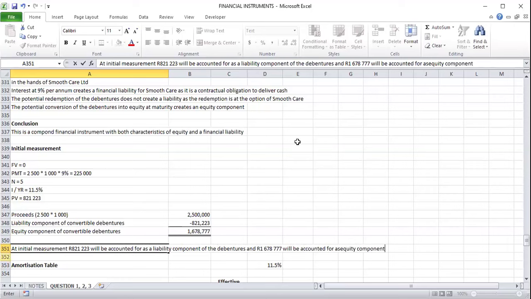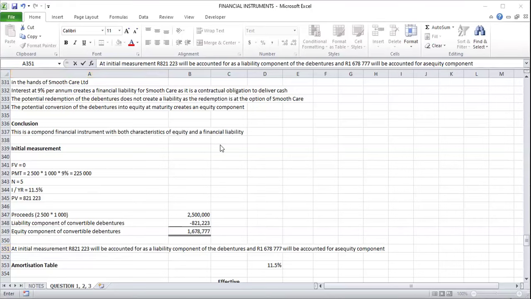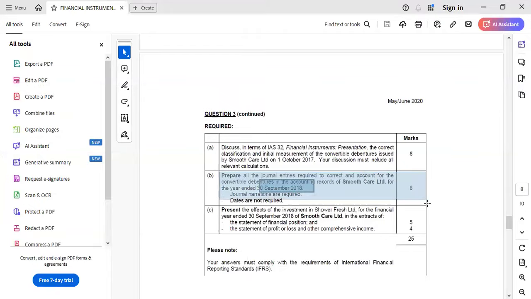So that's the first part. That will be the end of that first part. Then this amortization table will now come when we do the journal entries.